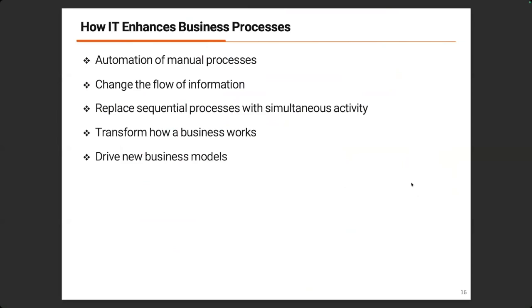And Amazon created new business models. They first introduced ordering books online. So it was also based on the advancement of information systems. Therefore, it is important to pay attention to business processes.